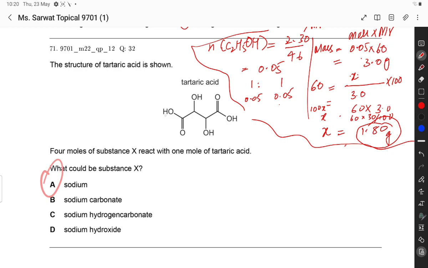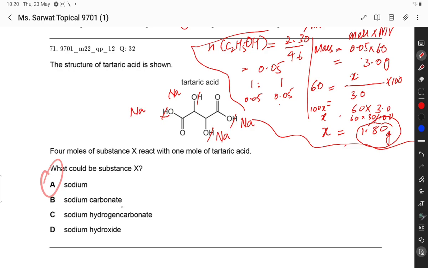Sodium reacts with this alcohol to form ONa. Sodium also reacts with this alcohol, and also reacts with this alcohol. So 4 moles of substance X react with 1 mole of tartaric acid. So option A could be correct.